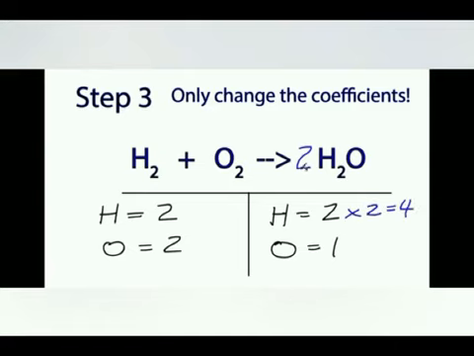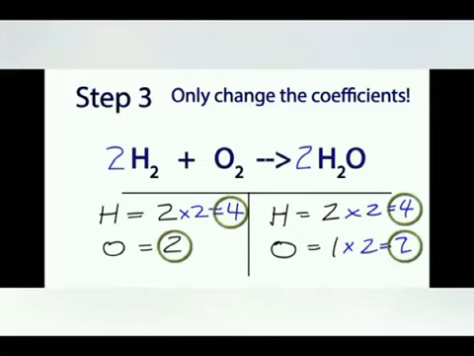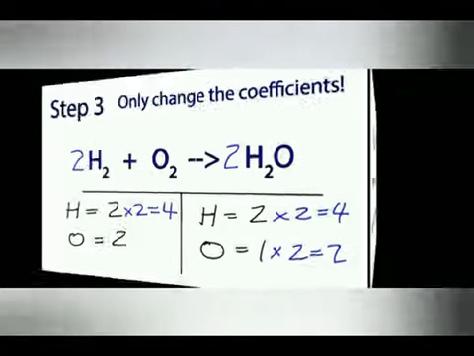Hydrogen became 4, but at the same time oxygen became 2. 1 2s are 2. Now both oxygens are 2 and 2. But hydrogen is 2 on the LHS. It's very simple. 2 2s are 4. Therefore 2 into 2 is equal to 4. Hydrogen on both sides 4 and 4, oxygen 2 and 2. So it is balanced.